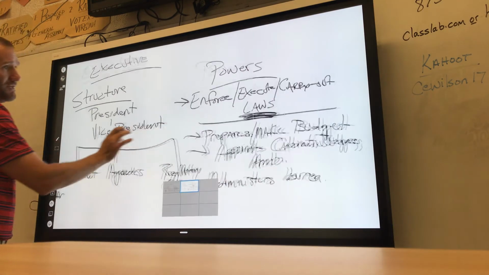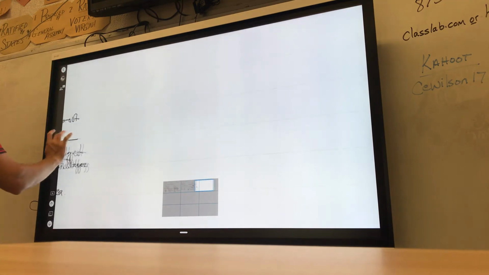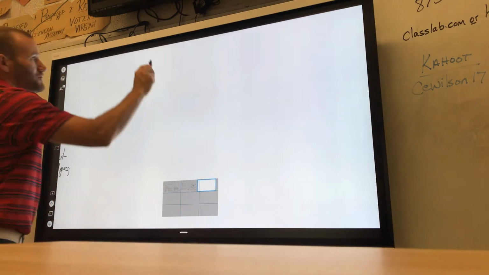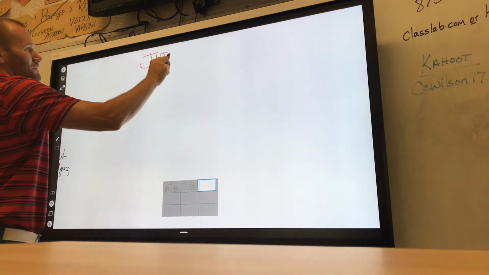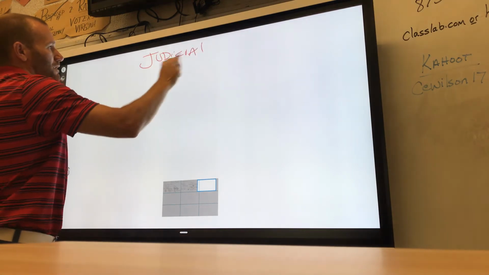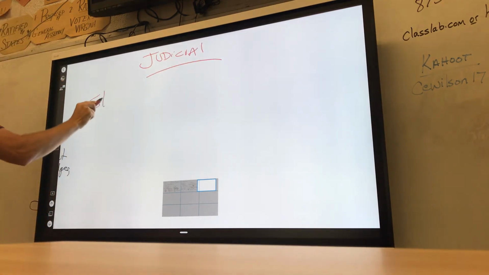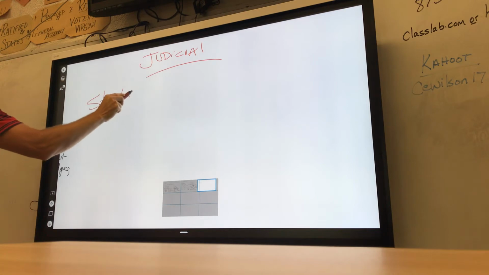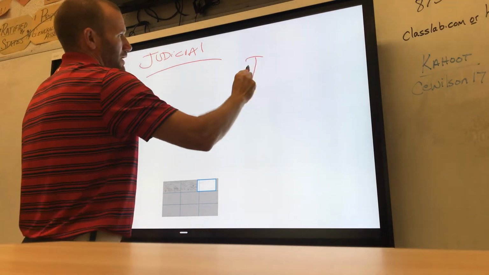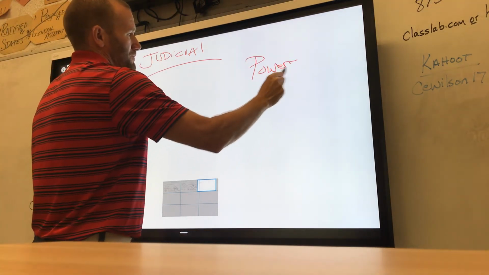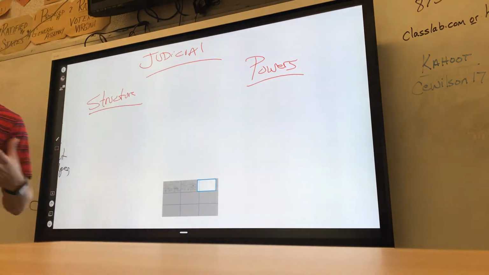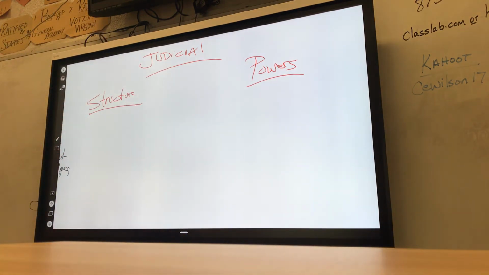And then the last branch is the judicial. A lot easier here. Structure and powers. All that you have to know right now about the structure is what court is at the top. Supreme Court.